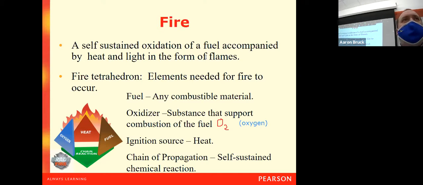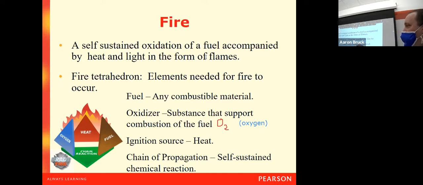And then you need a chain reaction, where the combination of those first 3 elements is sufficient that it continues to regenerate itself. We continue to make more fuel. We continue to find more oxidizer.